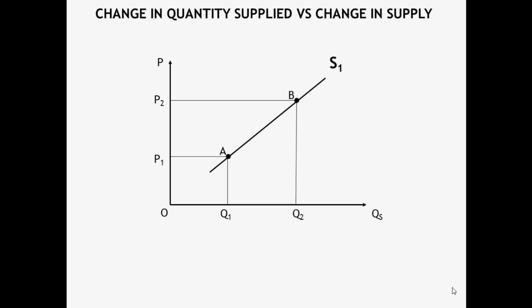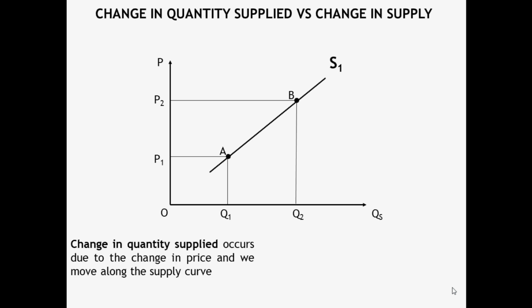Therefore, it is change in quantity supplied. So, we can say change in quantity supplied occurs due to the change in price. And in this case, we move along the same supply curve from one point to another point. As you see in the figure, due to the change in quantity supplied, we move from point A to point B.